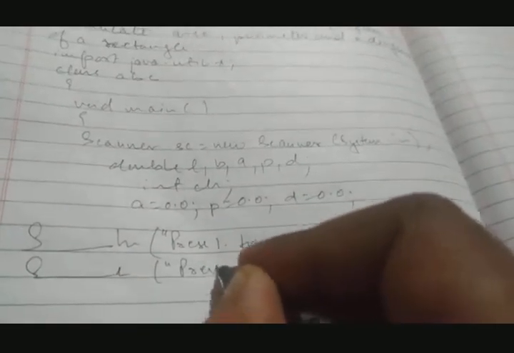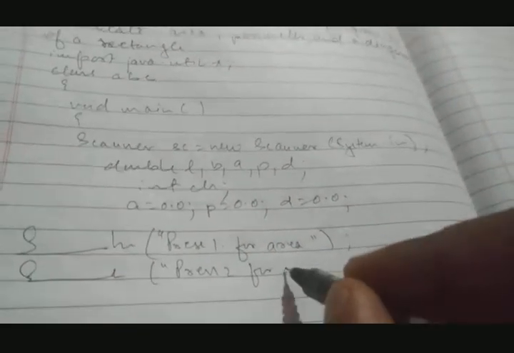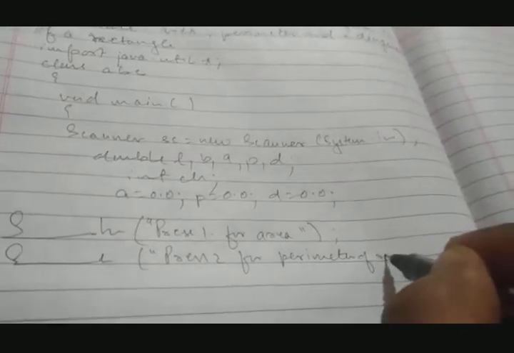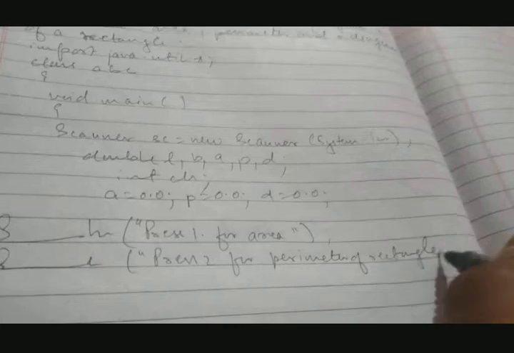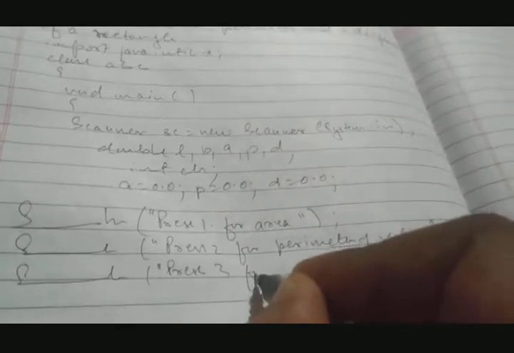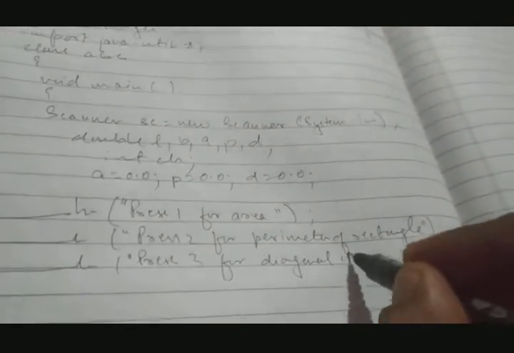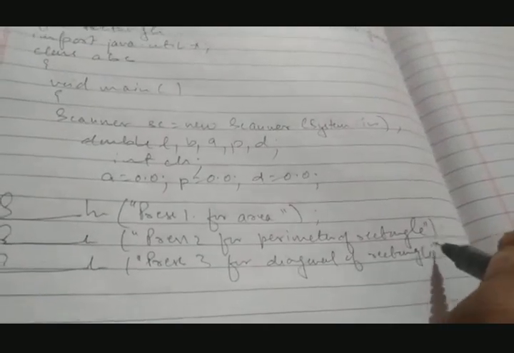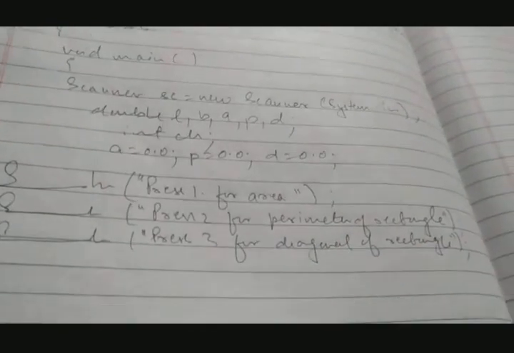Press 2 for perimeter of rectangle. Press 3 for diagonal of rectangle.